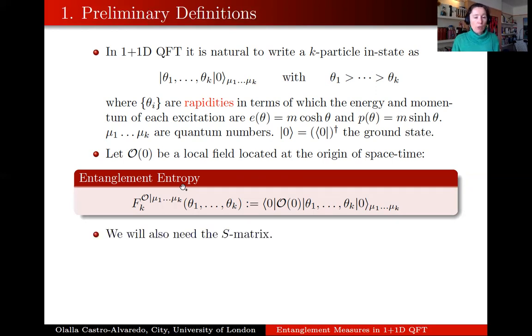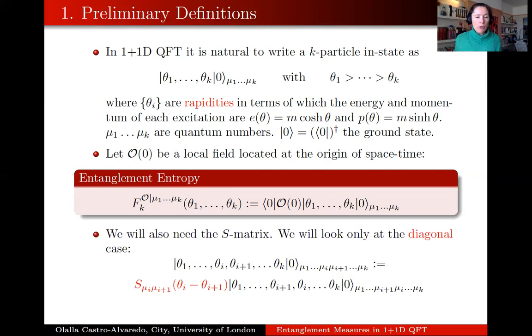We also need the S matrix to compute things. We'll look only at the diagonal case, so only at theories where there is no backscattering. That means that if a particle A scatters with B, the out product of that is still A and B. That excludes, for example, the Sine-Gordon model, which is a model you probably will be familiar with, but I'll give you a hint later on how you might treat that model as well.